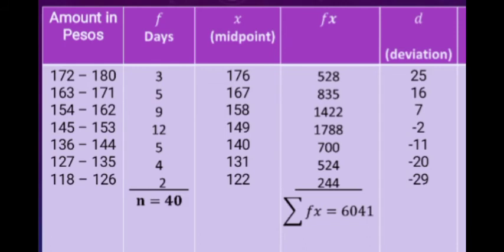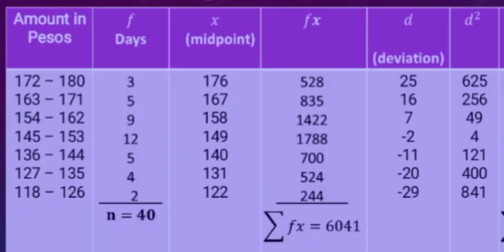With that, we are now ready to find the deviation of x from the mean. In finding the deviation, that is x minus the mean, or the midpoint minus the mean. So 176 minus 151 is 25. 167 minus 151 is 16. 158 minus 151 is 7, and so on.